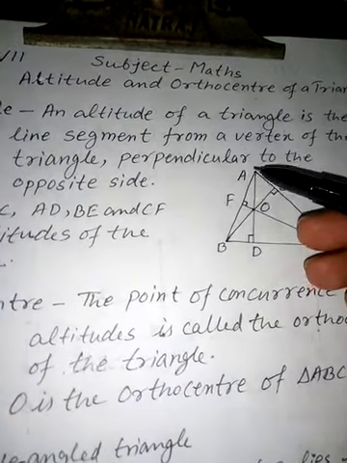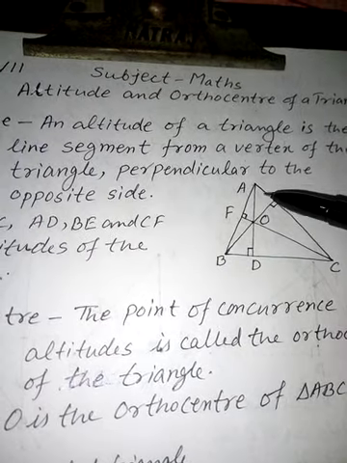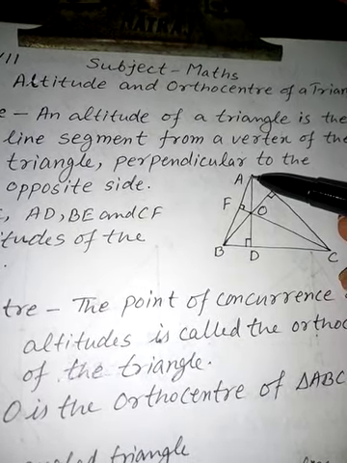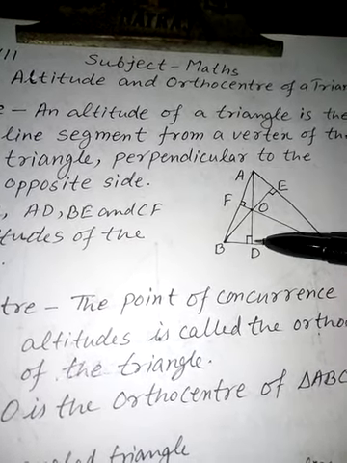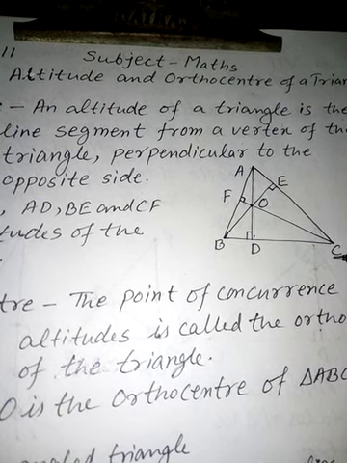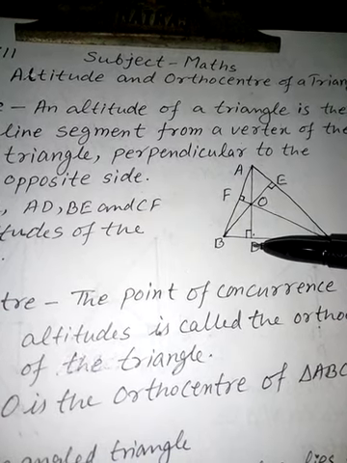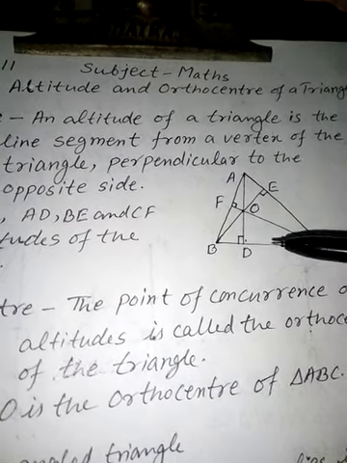Here in this triangle ABC, you can see A is the vertex and AD is the perpendicular to the opposite side BC. So AD is an altitude.